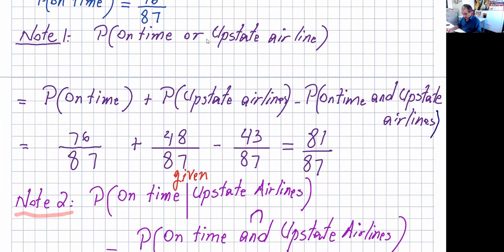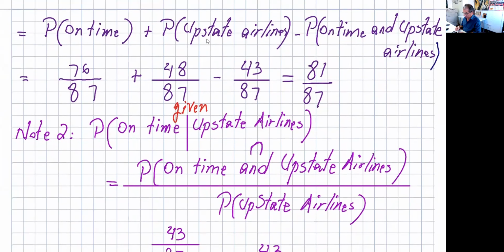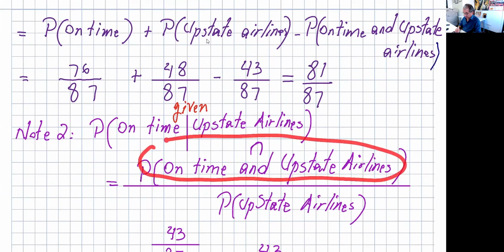Note 2 is another type of problem. You can see this question: probability that the flight is on time given it is upstate airlines. The formula for that is the probability that the flight is on time and upstate, the intersection, over the probability of upstate. Read those from the table.